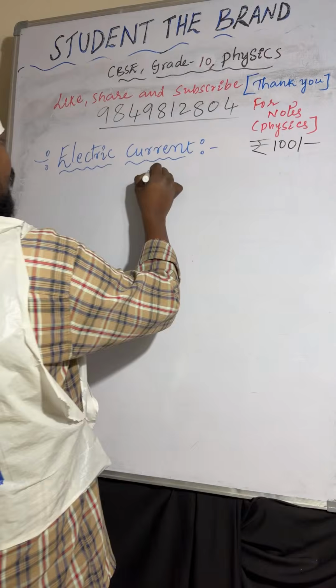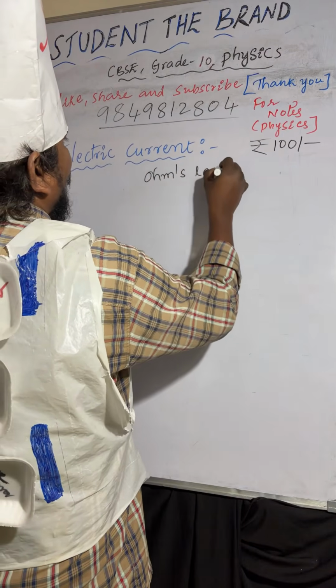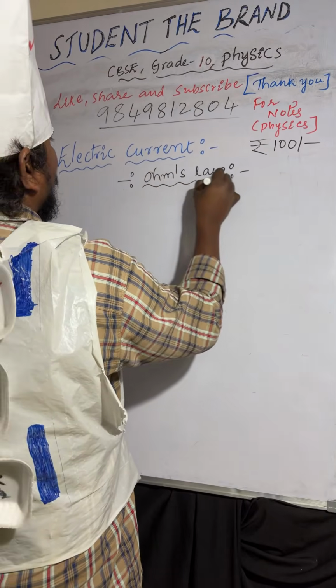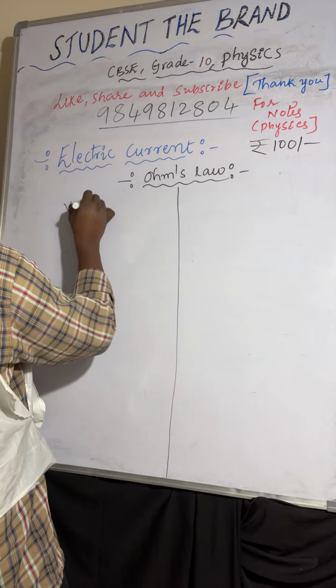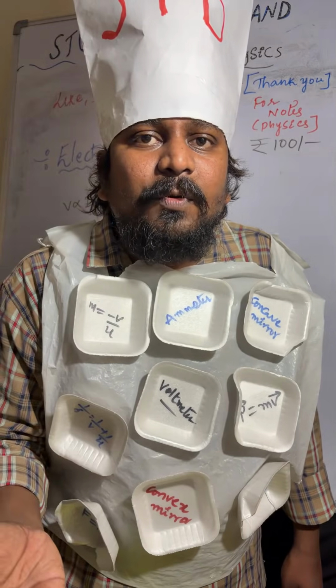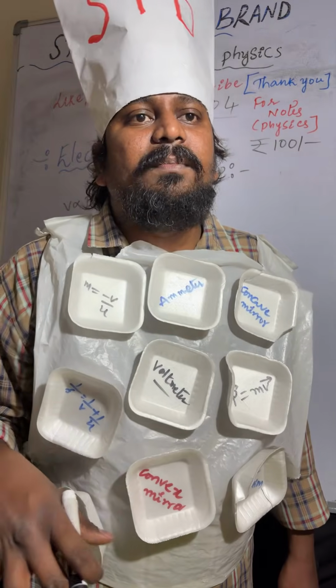The potential difference across the ends of the given metallic conductor is directly proportional to the current flowing through it at a constant temperature.